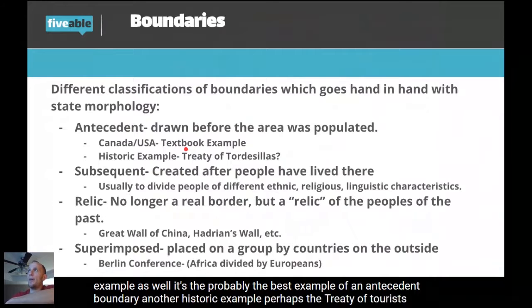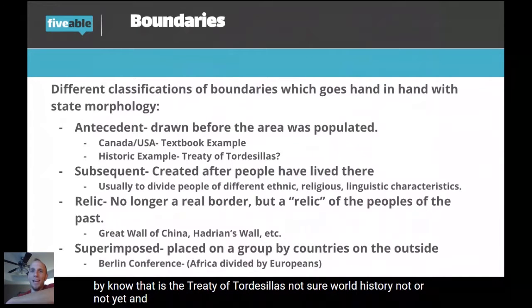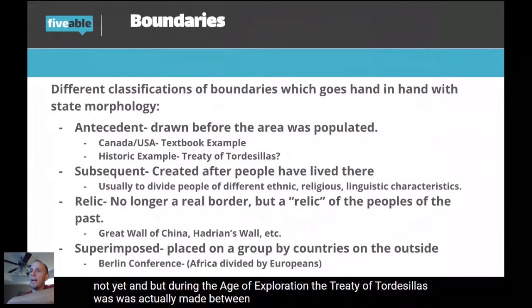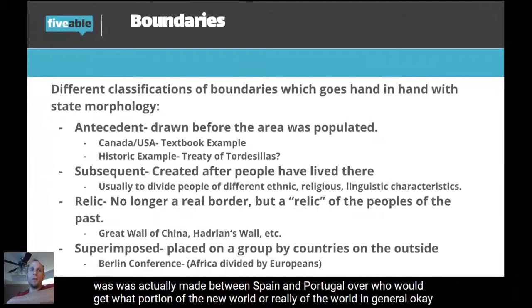Another historic example, perhaps the Treaty of Tordesillas. Anybody know what that is? The Treaty of Tordesillas? Not sure if you guys have had world history yet. But during the age of exploration, the Treaty of Tordesillas was made between Spain and Portugal over who would get what portion of the New World, or really of the world in general.